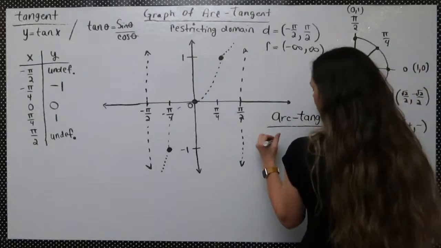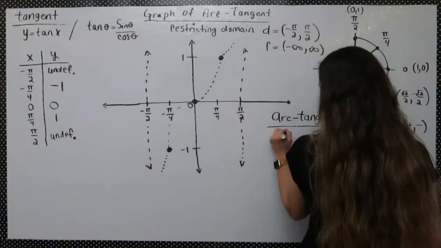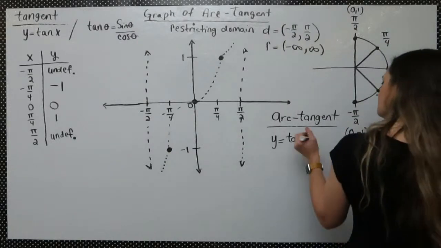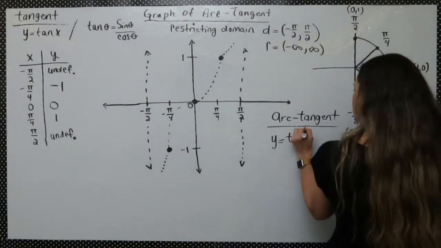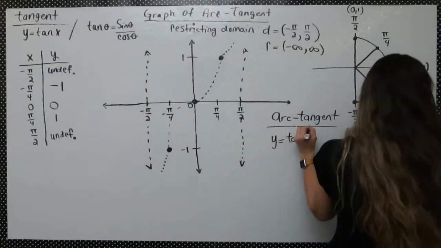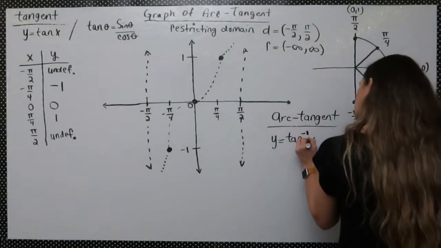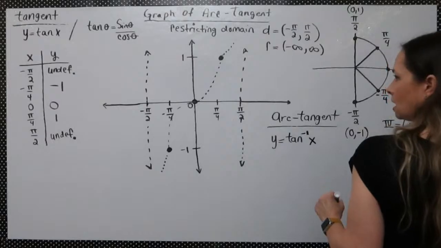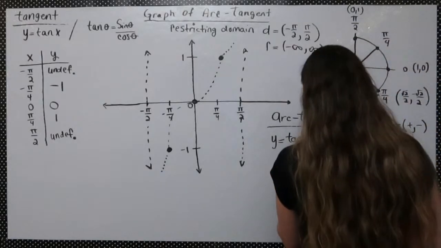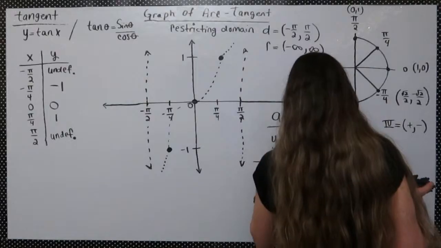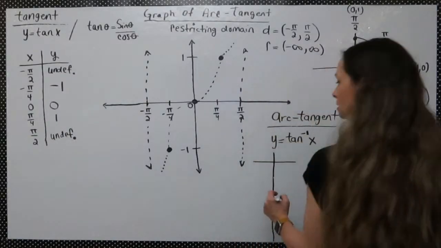And we have y equals tan inverse, raising it to the negative 1 power for our inverse notation, of x. And I think we'll have enough room if we put our table right here, and I write kind of small.